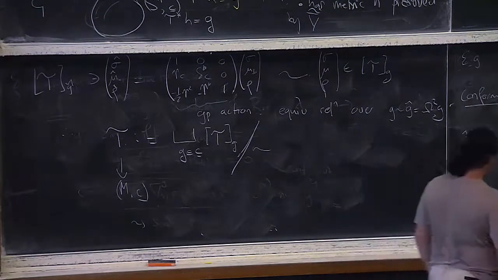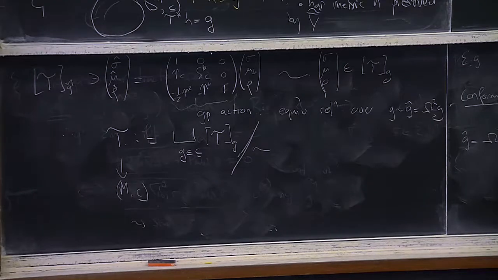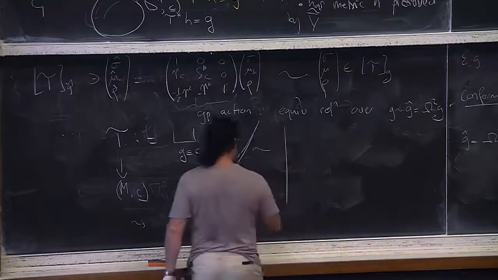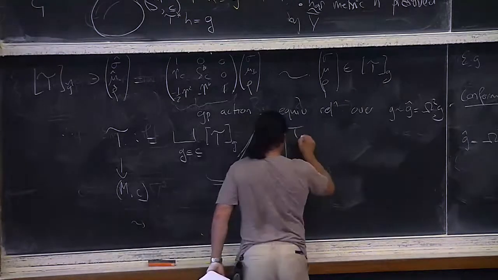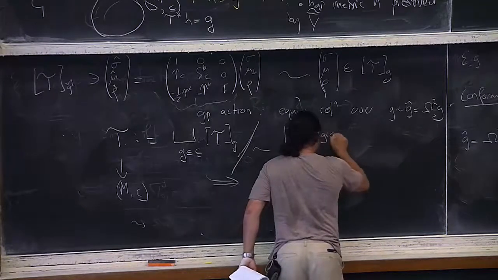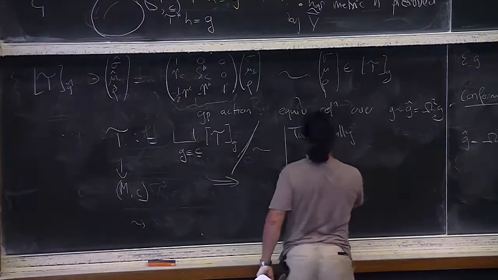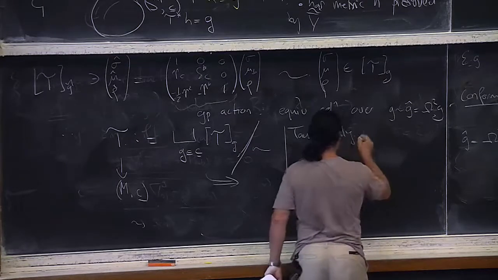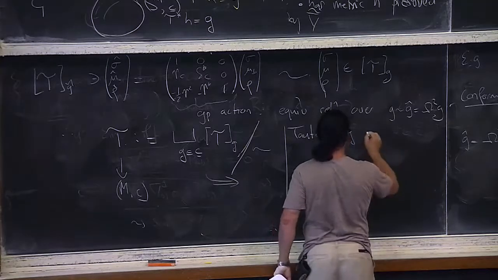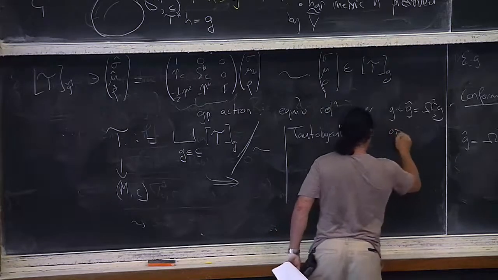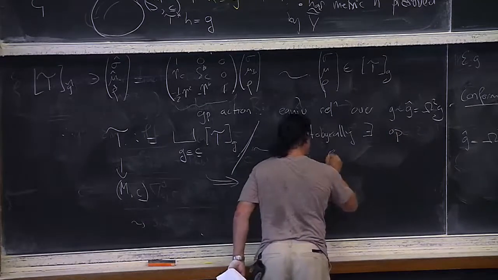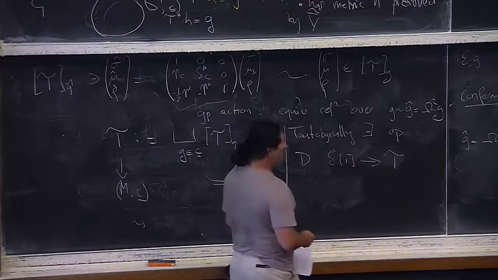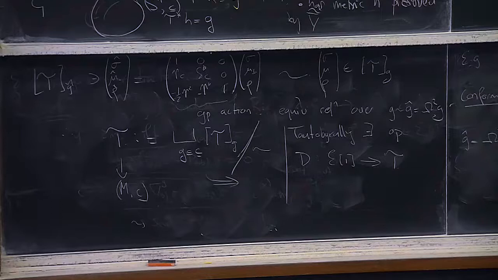Now, the way we worked out the conformal transformation was using this formula for the operator. So, tautologically, this definition logically implies that we get a differential operator, which I'll call D, which takes densities of weight 1 into this tractor bundle, and it's just the operator that in a scale is given by that.